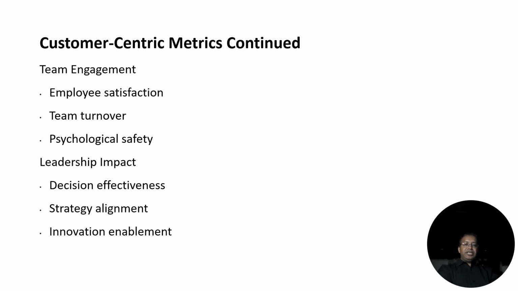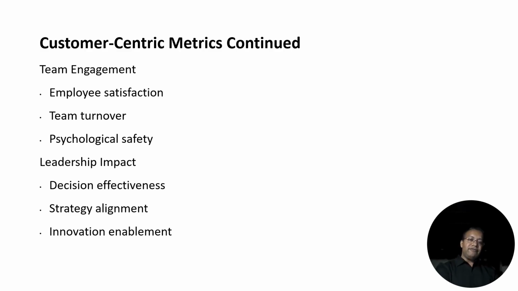Customer-centric metrics that are still important for us, continued in this slide, are team engagement and employee satisfaction. Your own teams that work on specific projects, are they happy? Team turnover, psychological safety that we discussed in prior modules, where openness and communication are there, transparency is maintained, and team members feel that they belong to the place and are valued for their accomplishments.